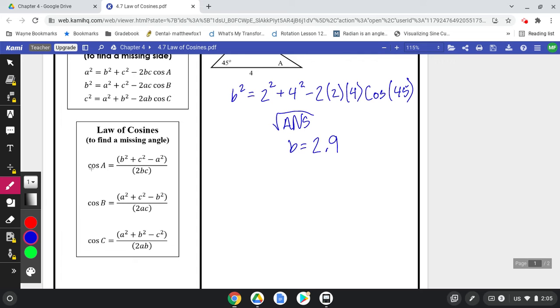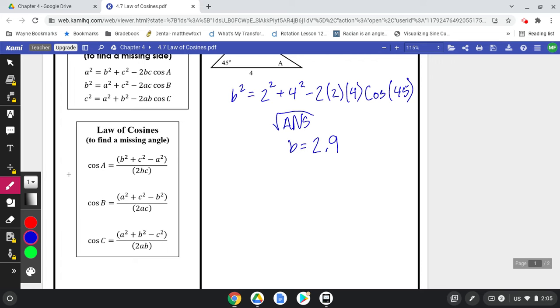Do you see how cosine of A ends up by itself? Cosine of A was right here. If we would add that to the other side, then subtract the A squared over, resulting in B squared plus C squared minus A squared. But then if we had added this whole thing over, we'd have to divide by 2BC. We do that, we divide by 2BC, and we are left with what cosine of A is.